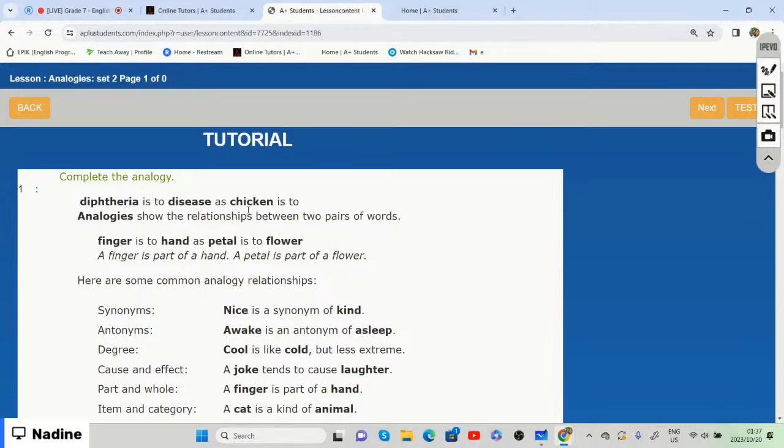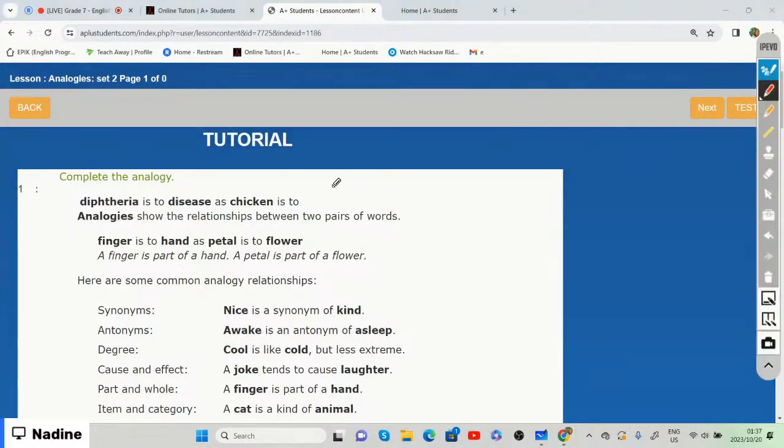So chickens is to what? So we basically find chickens on a farm, right? So we basically find the chickens on a farm.